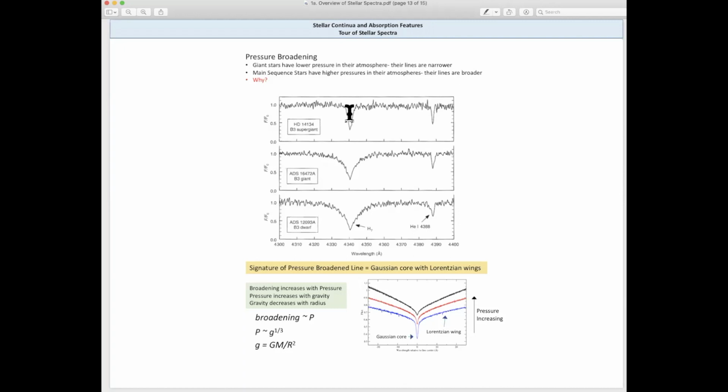All right, so dwarf stars have higher pressures and densities in their atmospheres. Supergiants are bloated and they're thin, and so they have much lower pressure and densities in their atmospheres. So why is it when you have a low density, low pressure atmosphere, you get narrow lines, and when you have a higher pressure, higher density atmosphere, you get broadened lines?